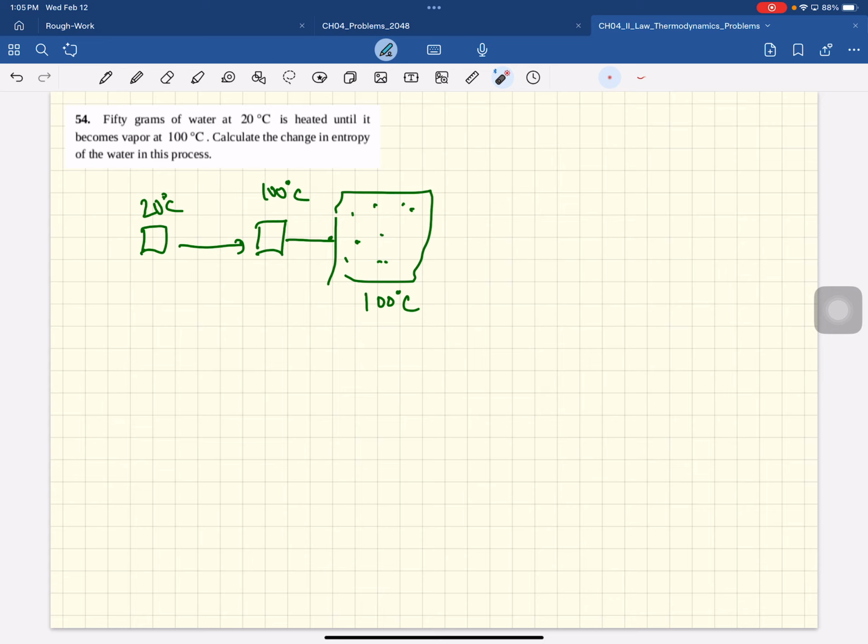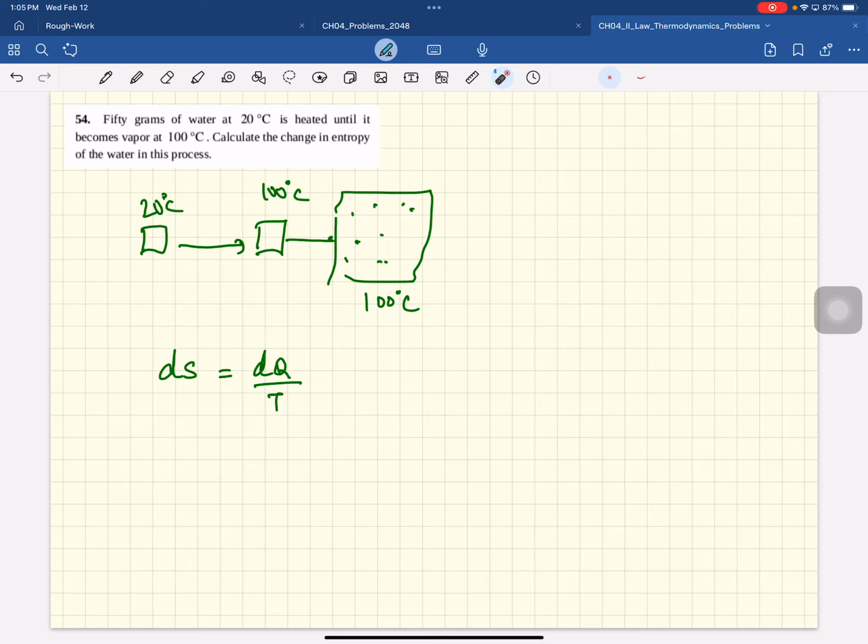The change in entropy in an infinitesimal process is how much heat you absorb divided by the temperature at which you absorb that heat. So in this process, the temperature is changing. So you have to take little baby steps and calculate that.